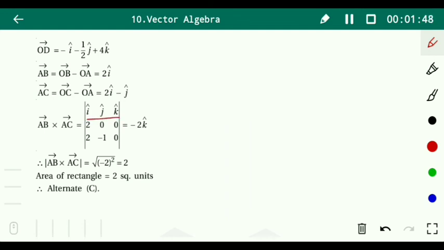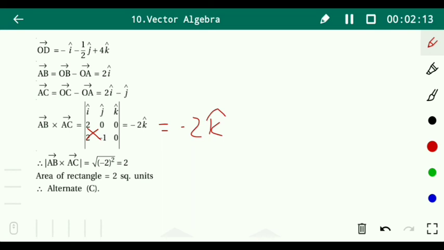So we get i j k in the first row, 2 0 0 in the second row, and 2 minus 1 0 in the third row. Now simplify, so we get only minus 2k, because the second row is 2 0 0. So the values of i and j will be 0. Okay, so k bracket minus 2 plus 0. So we get minus 2k.